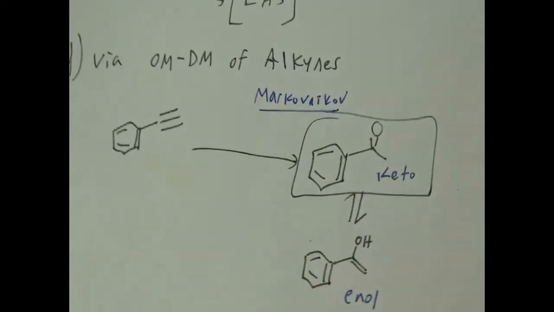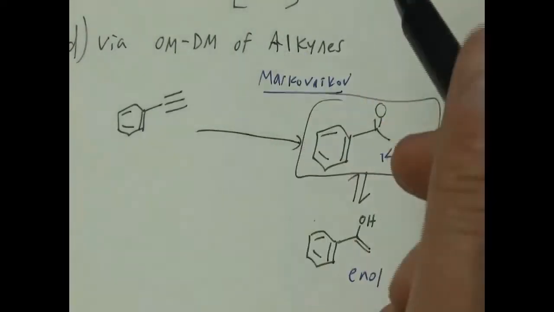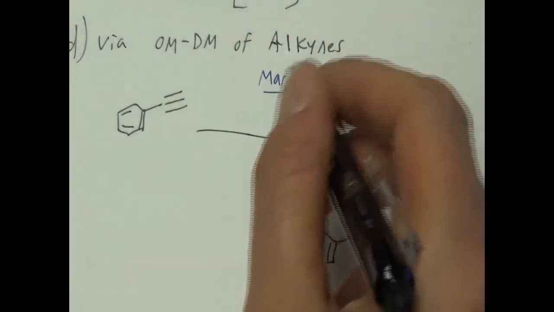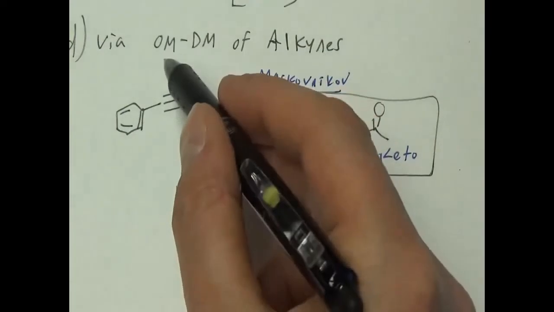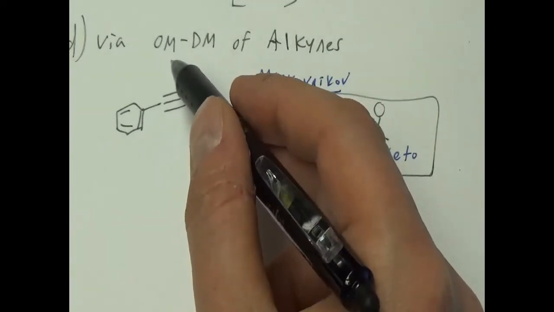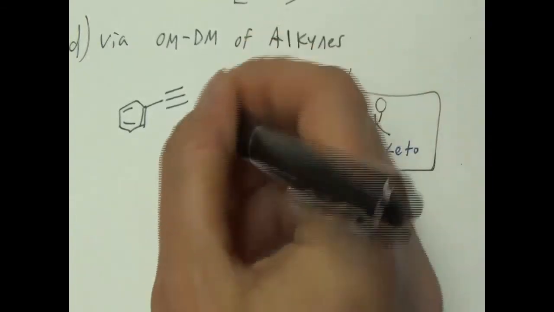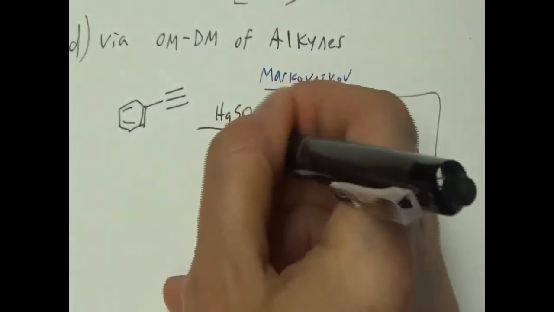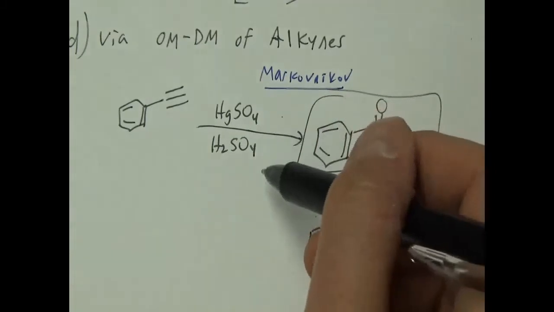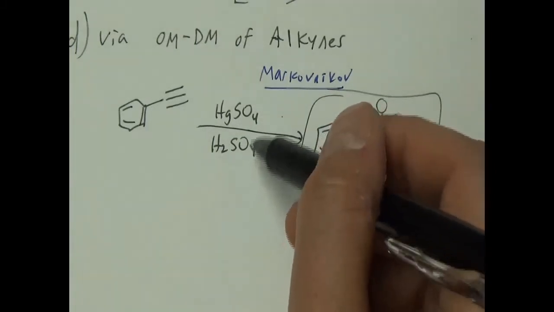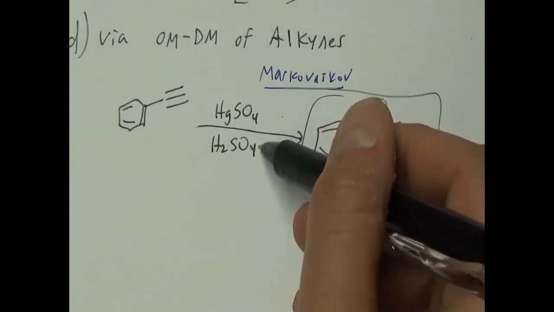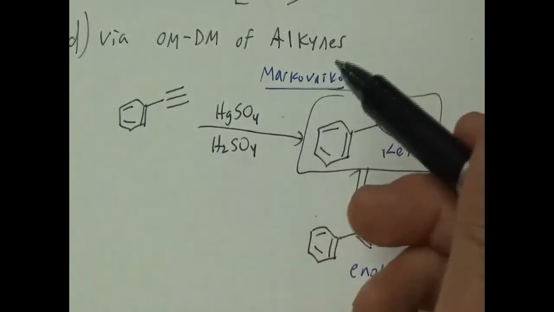And what is the reagent for the oxymercuration, demercuration of alkynes? It's mercuration, so it's maybe mercury, HgSO4, H2SO4. People either write HgSO4 and H2SO4, or HgSO4, H3O plus, acid water, right?